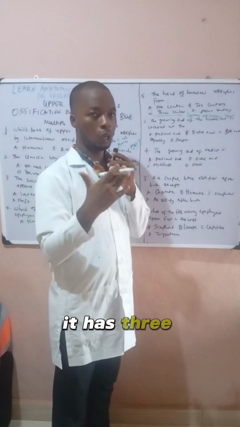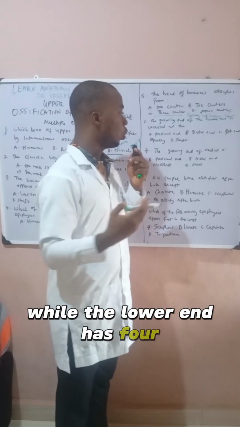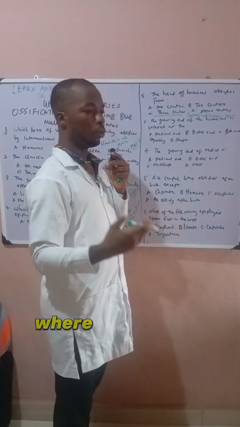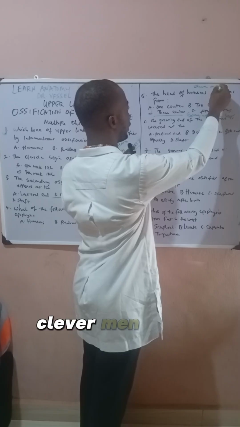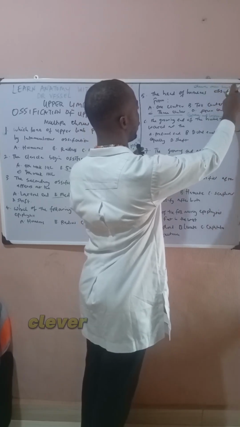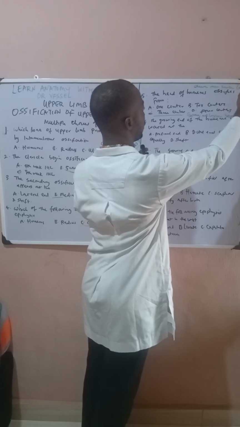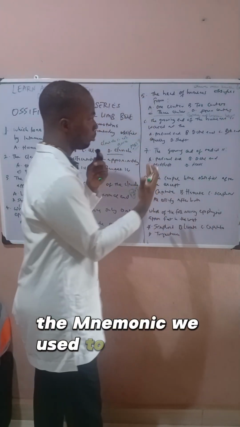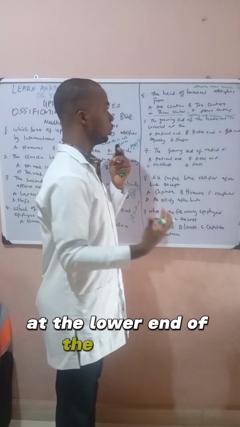It has three ossification centers, while the lower end has four ossification centers, where we use the mnemonic clever men teach leaders.